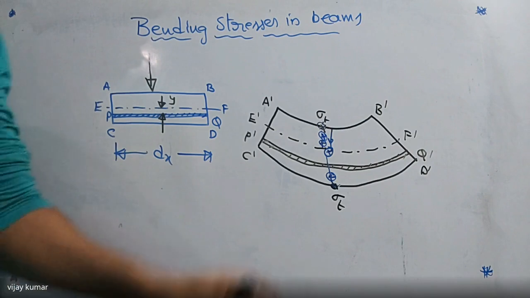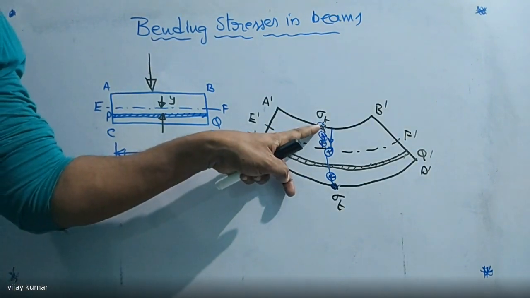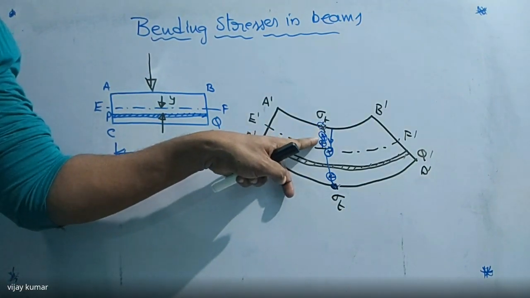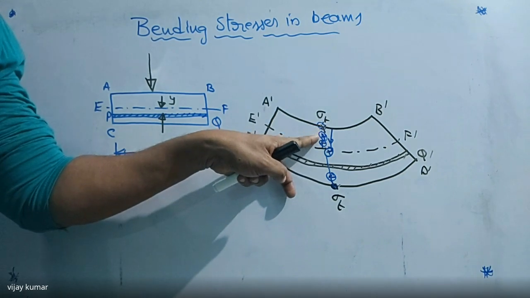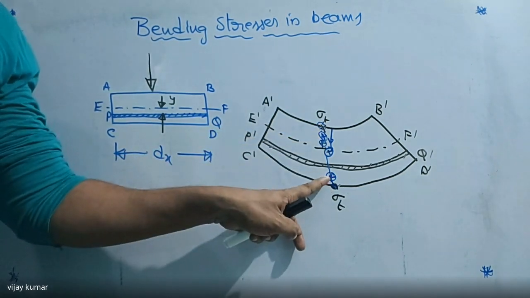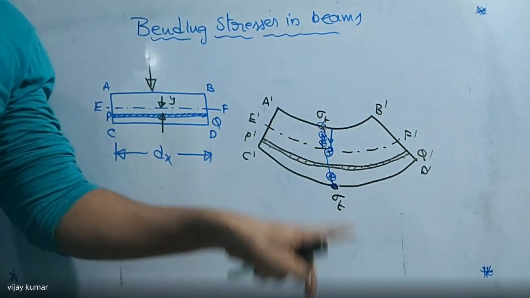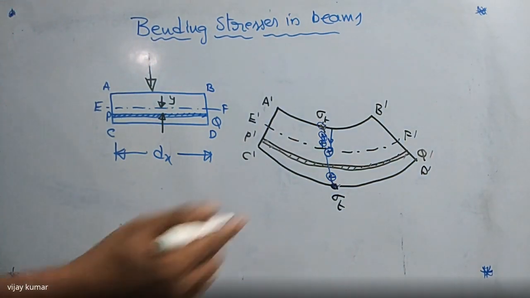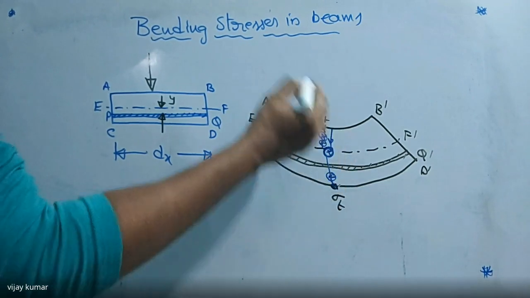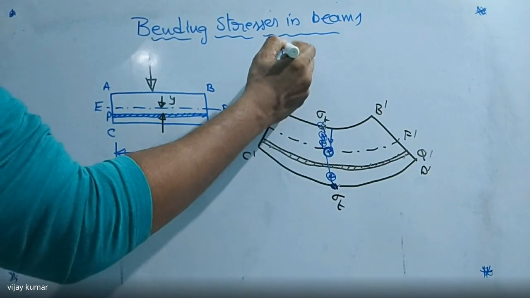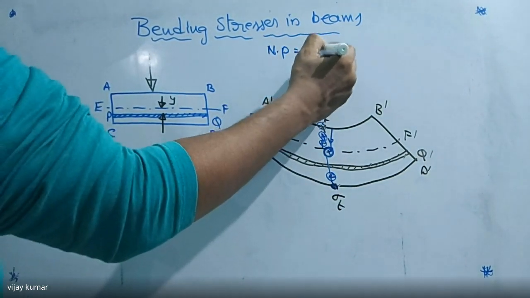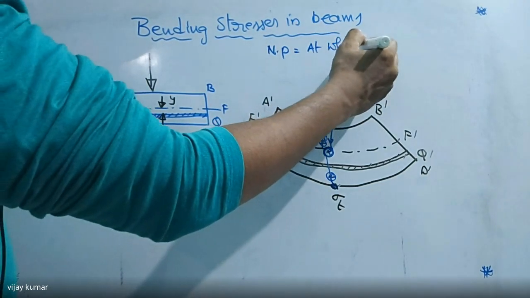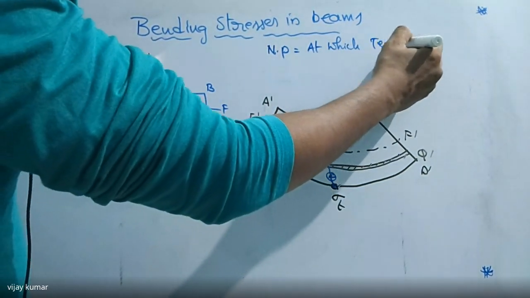Did you get my point? So here stress is maximum and goes on reducing; the compressive stress goes on reducing, the tensile stress goes on reducing. At a particular point, both values become zero. That point is named as neutral point, at which tension and compression become zero.